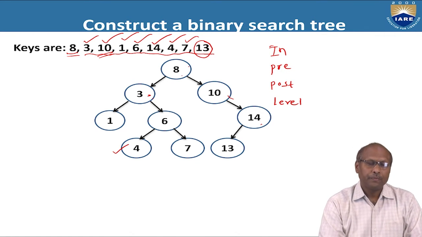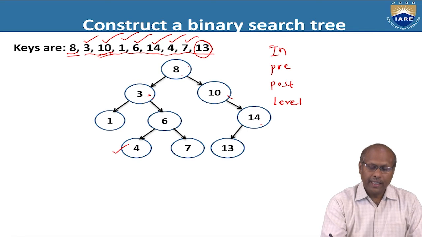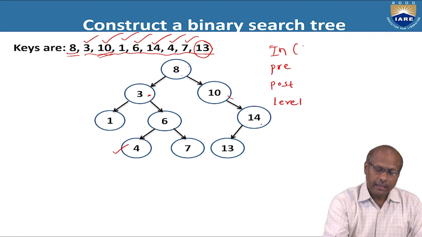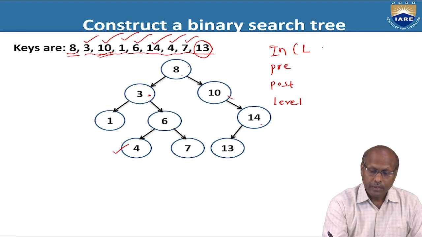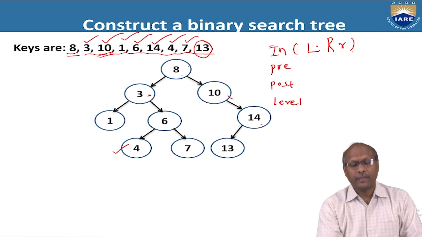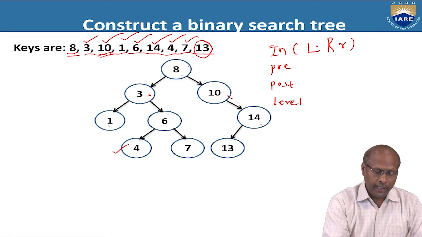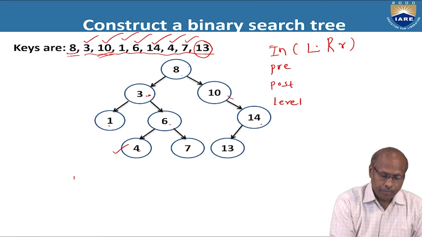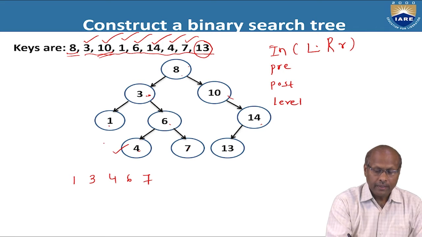If I follow in-order traversal, the in-order says left, root and right. That is the in-order traversal. That means 1, 3, 4, 6, 7 is the left subtree.